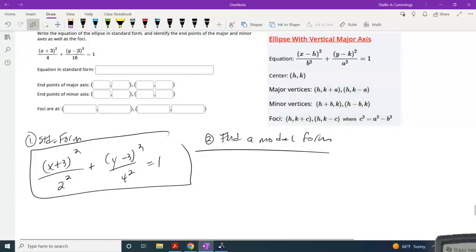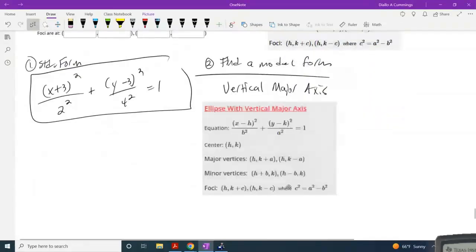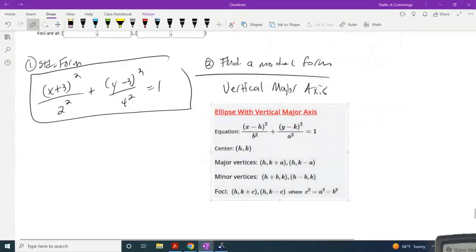It's underneath the y variable, so this thing has a vertical axis. So I just took the liberty to cut and paste these formulas. So I'm just going to slide that down.